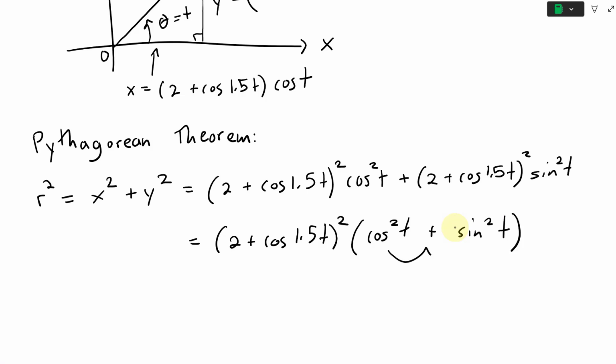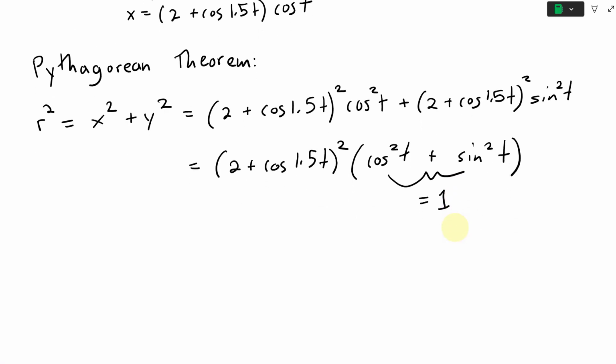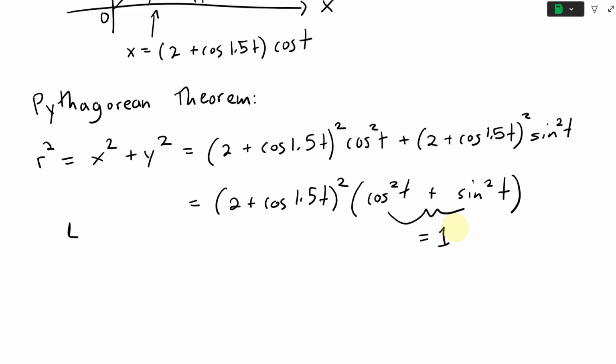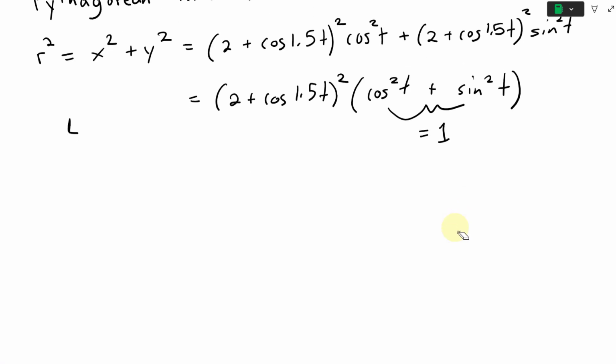And now this is just a Pythagorean identity. This just equals 1, so that all vanishes. What we're left with is r squared is equal to 2 plus cosine 1.5t all squared.